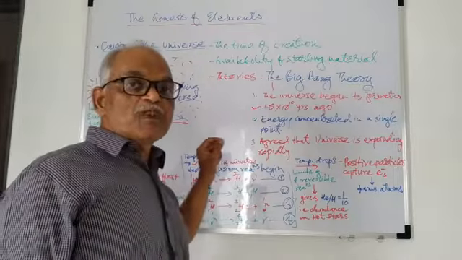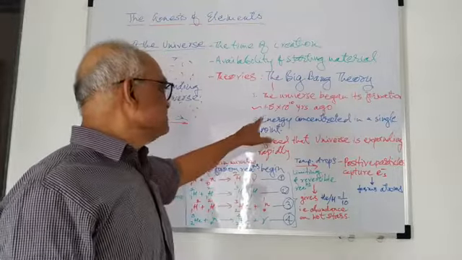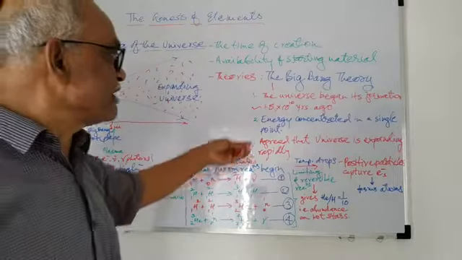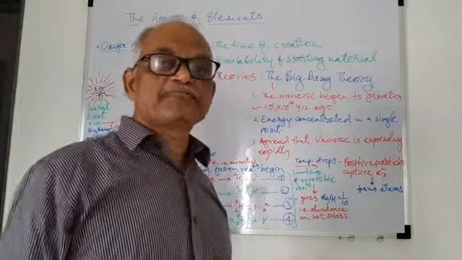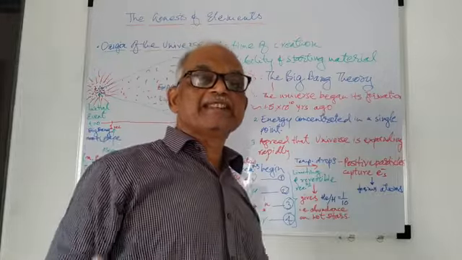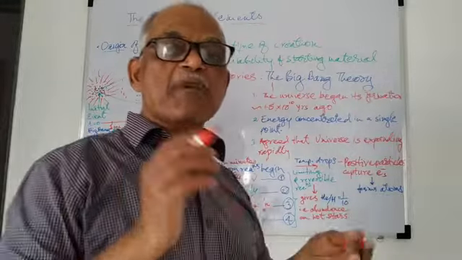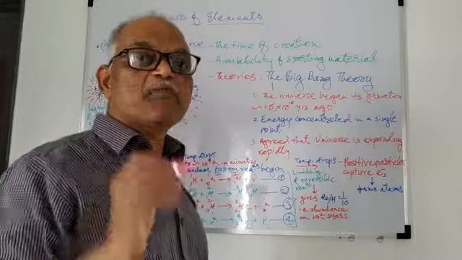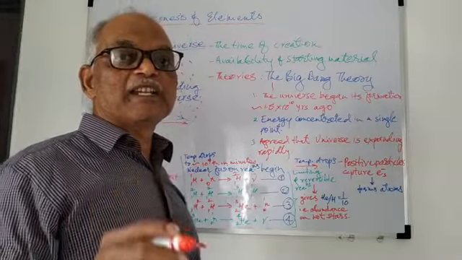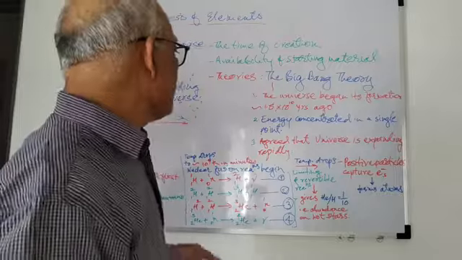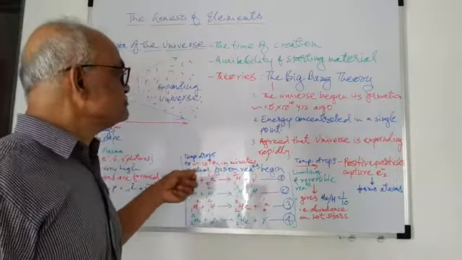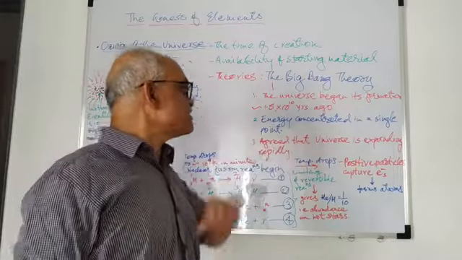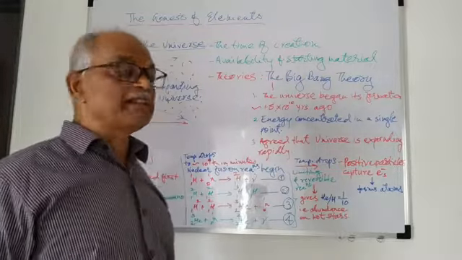At that time or before that time, the energy was concentrated in a single point. The mass and energy are concentrated in a single point, assumed like a zero point. Here we agree that the universe is continuously expanding.